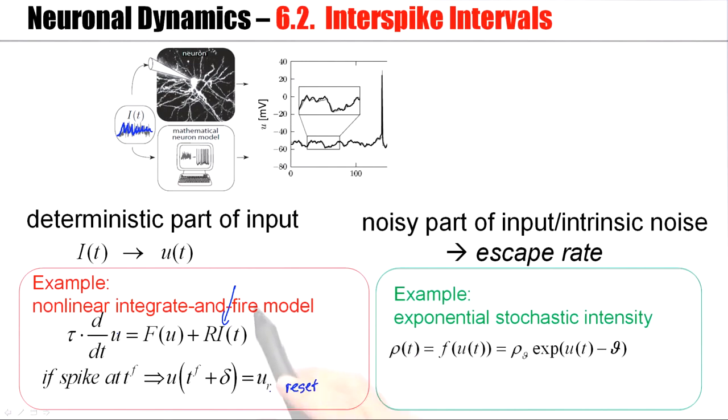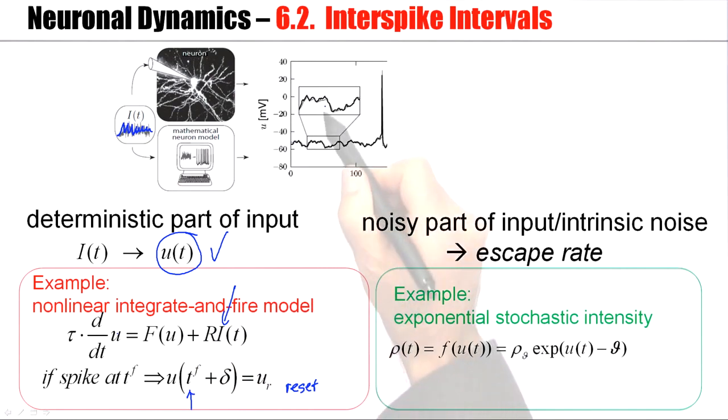So, if we know the deterministic input, and if we know the firing time t_F of the last spike, we know that integration starts at UR, and we can just integrate this, and we have our deterministic membrane voltage u of t. Now, this u of t will be the thin line in this graph.